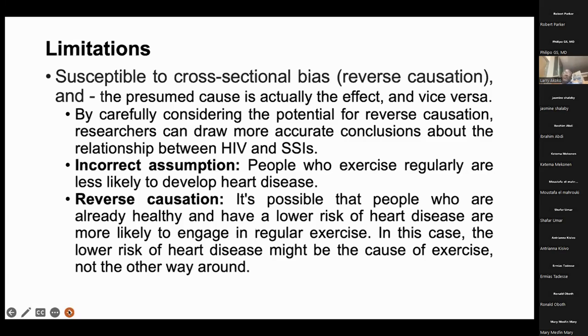So if you do a cross-sectional study, you realize people who have got heart failure are not exercising, and you are concluding that people who exercise regularly do not have heart disease. So this is reverse causation, which is difficult. You need to be very careful in the way you interpret and use information that you gather from a cross-sectional study.